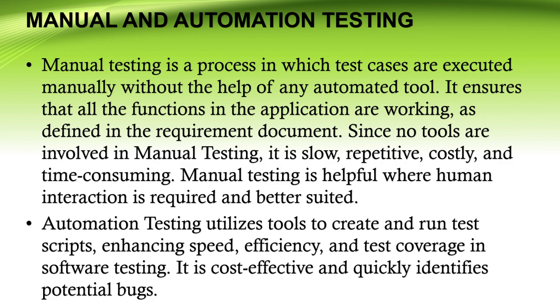In automation testing, we do software testing with automation tools, and we have to write our test scripts in different programming languages as per our testing tools. It depends on which testing tools we are using.